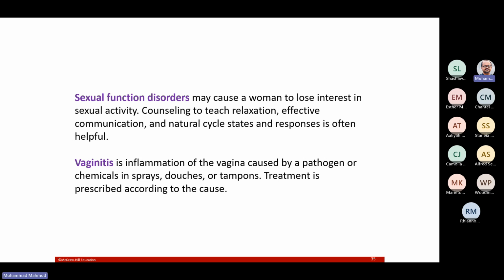Sexual function disorders may cause a woman to lose interest in sexual activity. Counseling to teach relaxation, effective communication, and natural cycle states and responses is often helpful. Vaginitis, the inflammation of vagina caused by pathogens or chemicals in sprays, douches, or tampons.